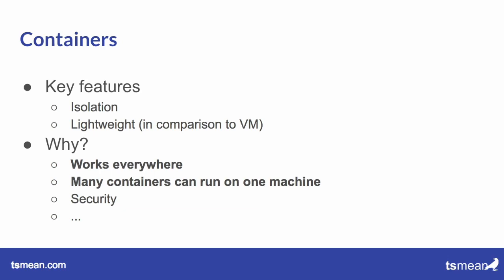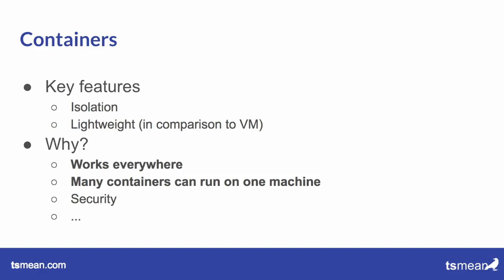And there are more benefits like security and other things. But for me and for this tutorial series, really this isolation and spinning up your app with exactly what it needs is the main key feature. And also that Docker containers are lightweight.